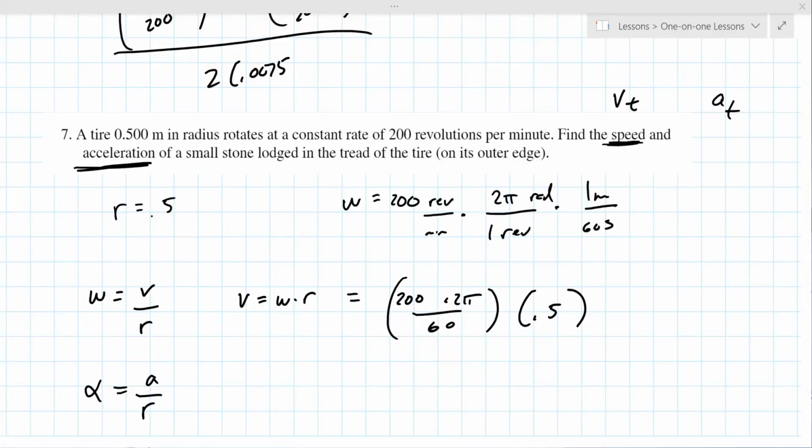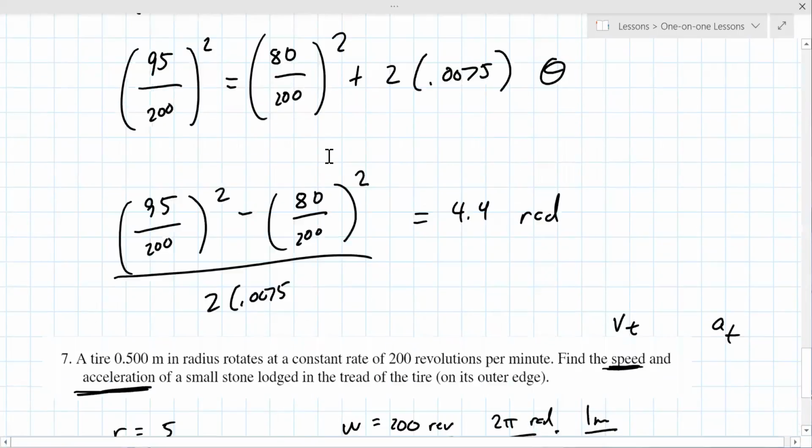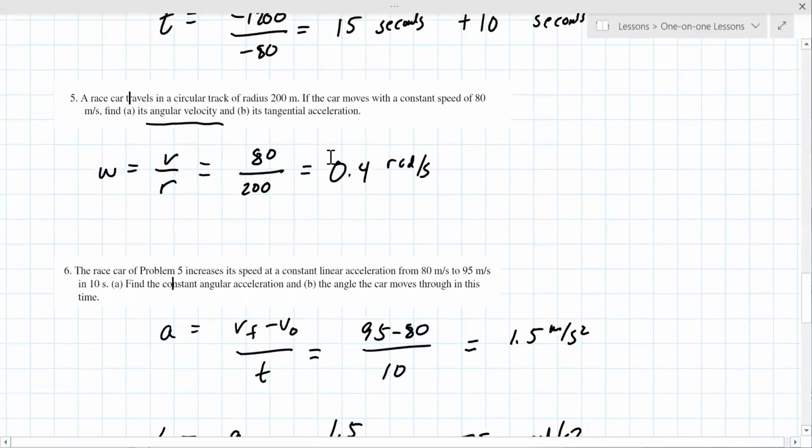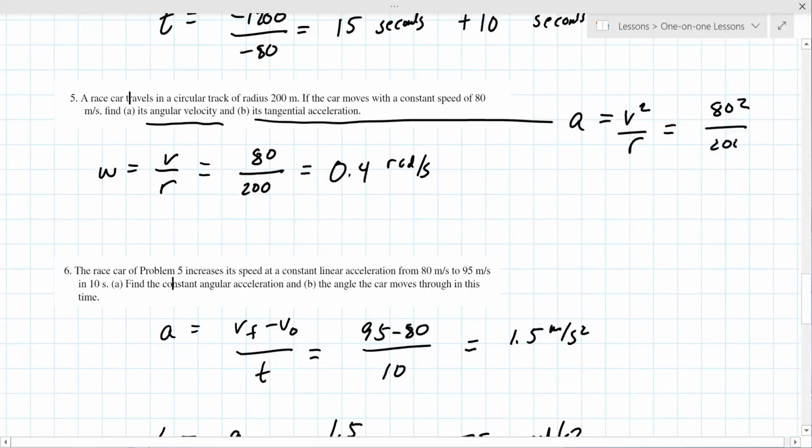Some physics ninja has probably already figured this out, and we can help do that. Oh, the acceleration on the edge, and then maybe that is what was needed in the previous problem. Now that I see that, the tangential acceleration is v squared over r. Okay, so this was 80 squared over 200.